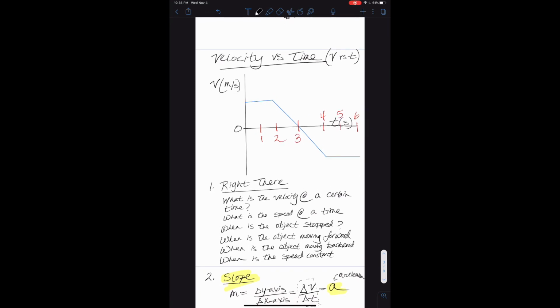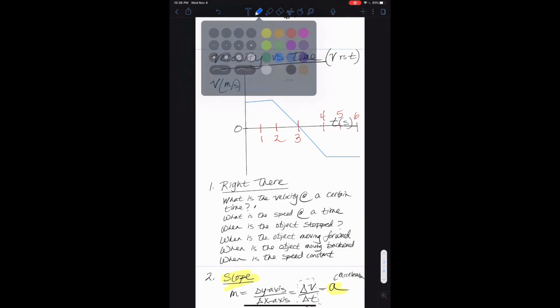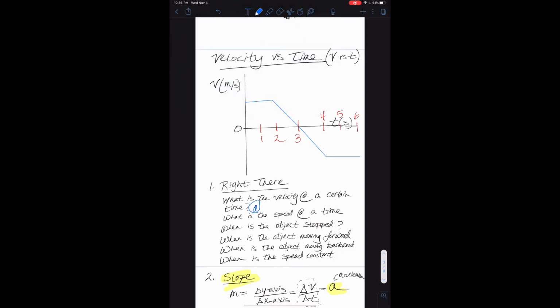When we have this graph, right, they start asking questions like the ones underneath it. What is the velocity at a certain time? Let's say the question is, what is the velocity at 4 seconds? So here's 4 seconds right here where I'm making this blue dot. I'm going to follow it down to the line.